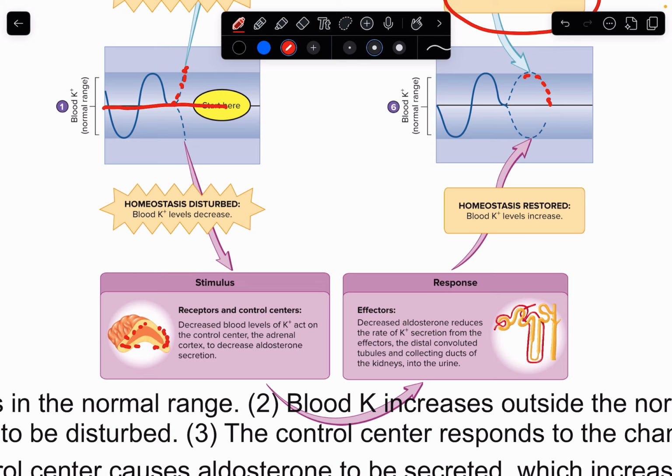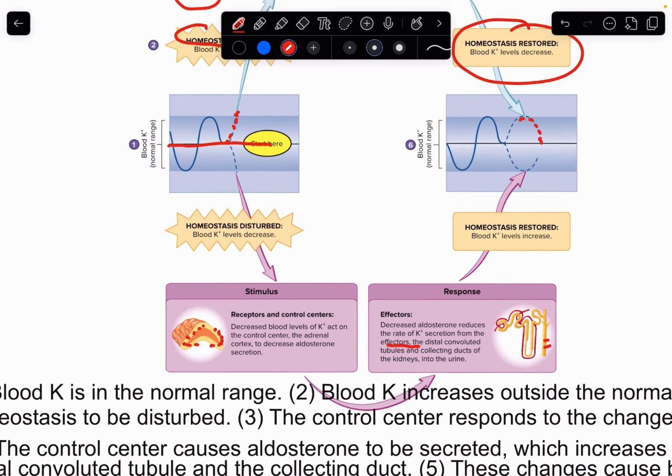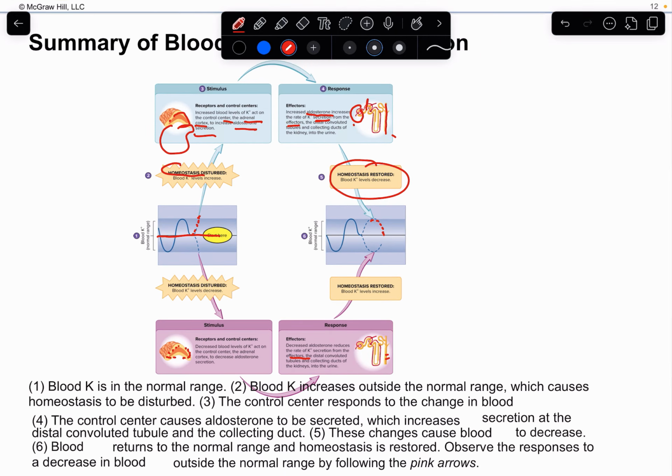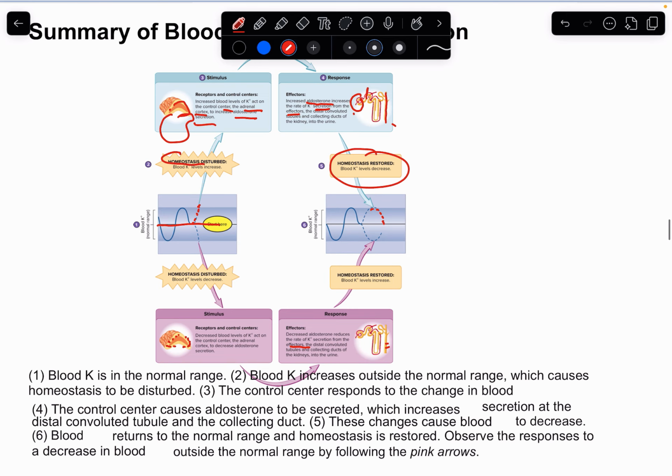So when your aldosterone level is low, potassium secretion from the effectors and distal convoluted tubule is going to be low, then it's not passing through the urine. So that's the way they can restore the potassium level in your system.